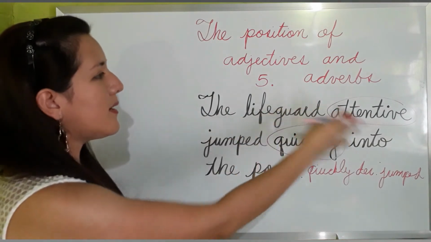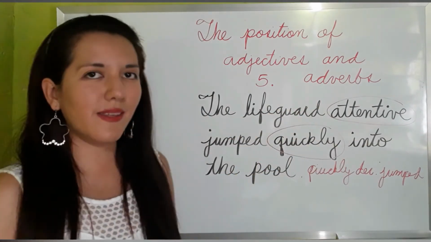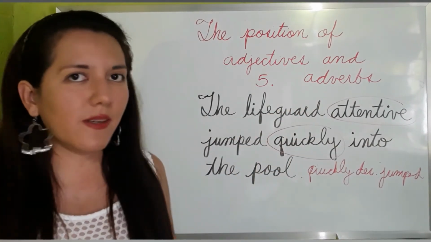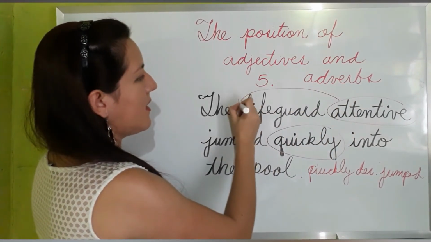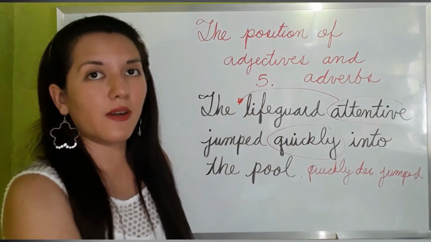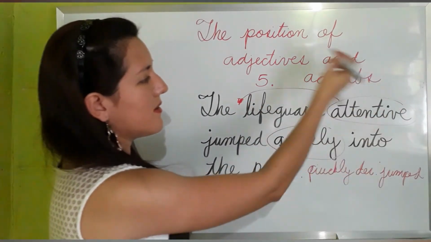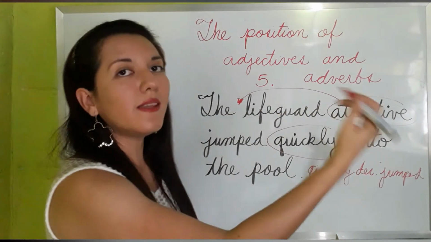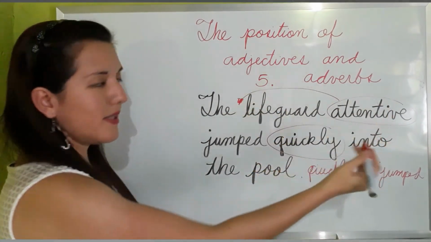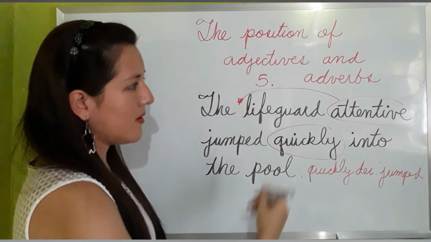And then I see that attentive, that is my adjective, is not in the correct position because it has to be before the noun that it describes. Attentive describes lifeguard. Okay, so I have to say the attentive lifeguard jumped, and then the rest of the sentence.